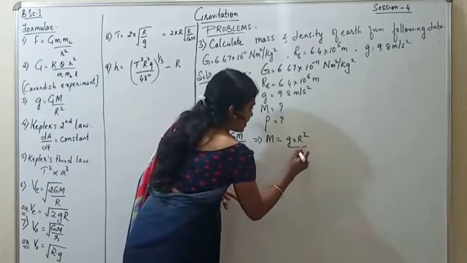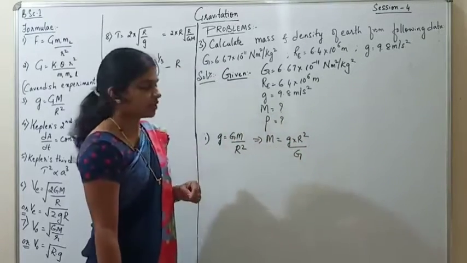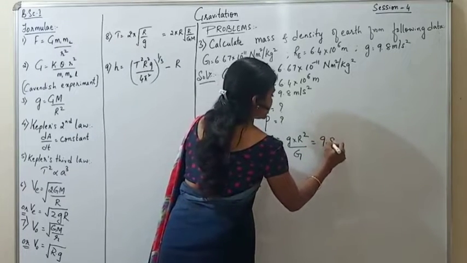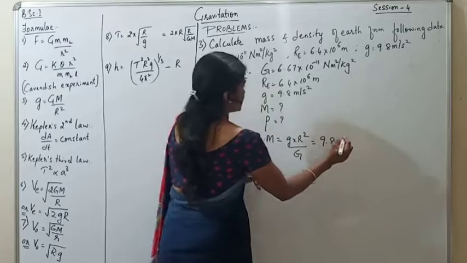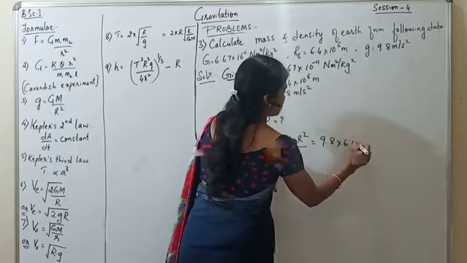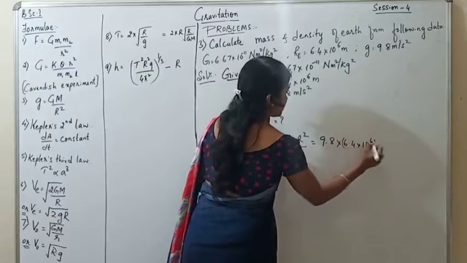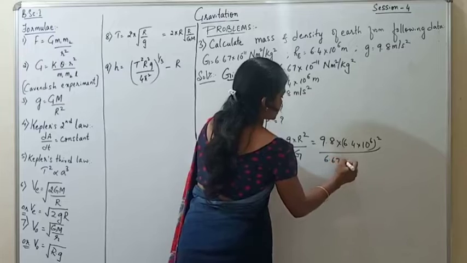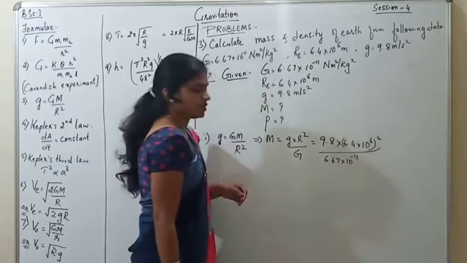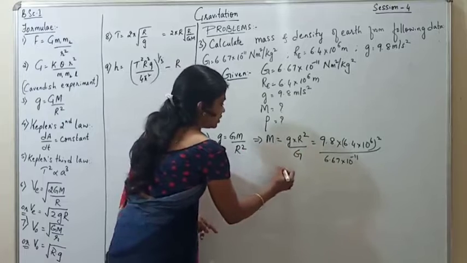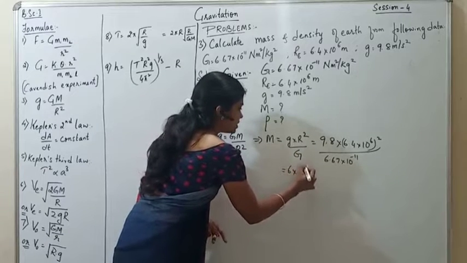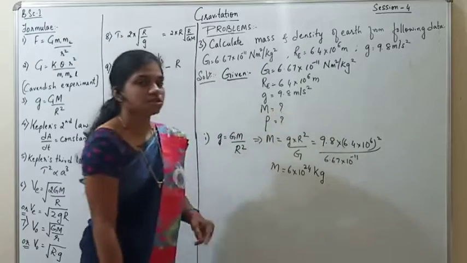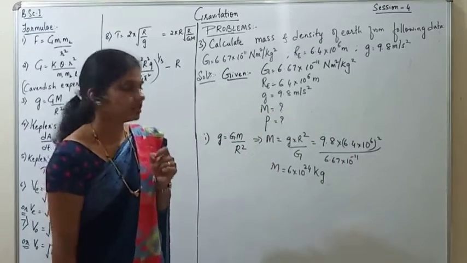So we have divided by G, right? So if we substitute the values, we get 9.8 into R, which is 6.4 into 10 raised to 6 the whole square, divided by G, which is 6.67 into 10 raised to minus 11. So if we simplify this, we get the value to be 6 into 10 raised to 24 kg. So this is the mass of the earth.